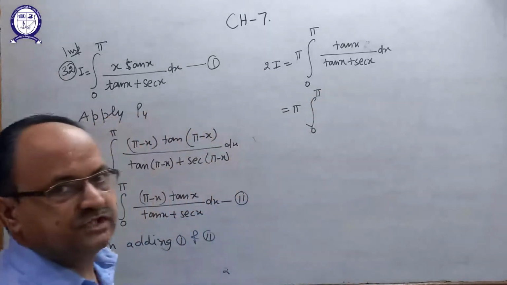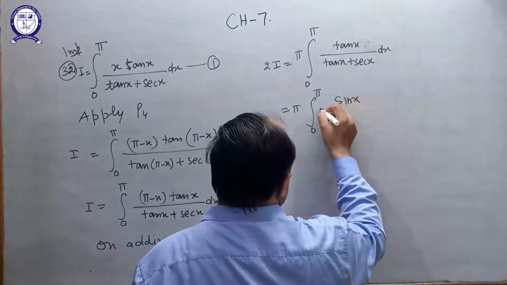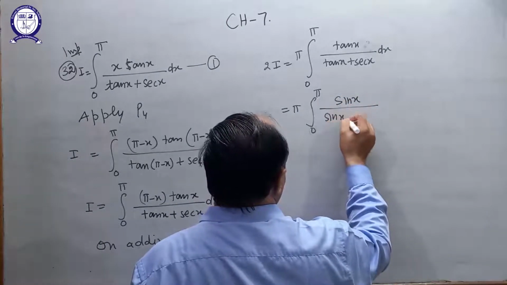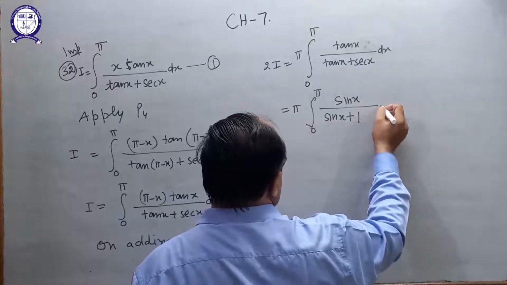Now convert the question in the form of sine and cos. You can write here sin x upon sin x plus 1 dx.